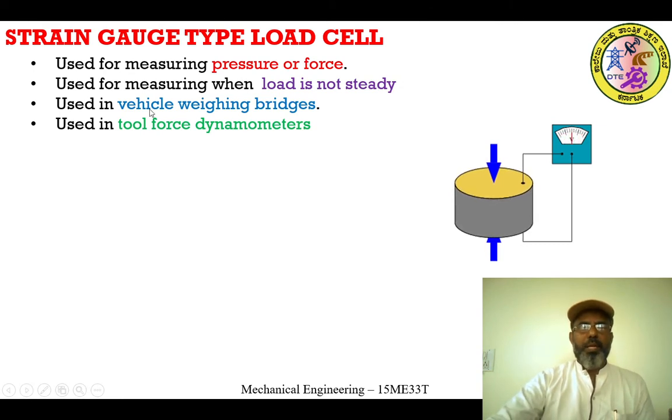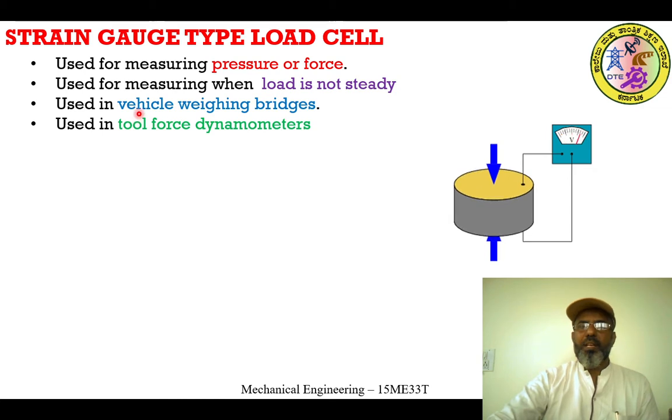Now coming to the application of strain gauge type load cell. The first application is the measurement of pressure or force. Secondly, it is employed for measuring continuously varying load, that is, when load is not steady. Thirdly, it is employed in vehicle weighing bridges.